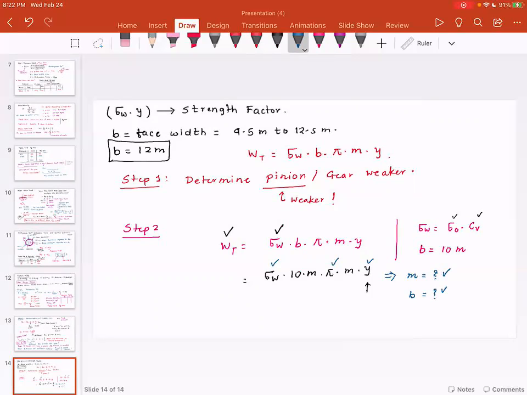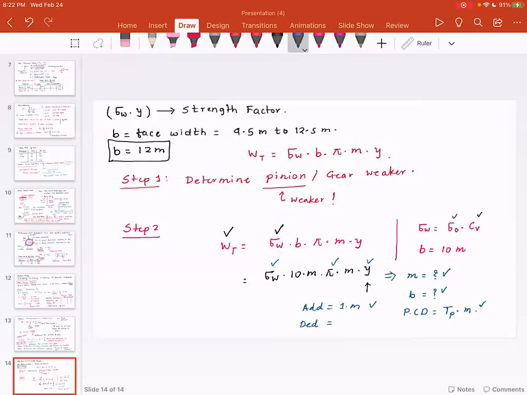Once M is known, we know the relationship: the pitch circle diameter, PCD, is equal to the number of teeth, so TP multiplied by M. So the pitch circle diameter is known. Then we know the addendum is 1 times module, so the value of addendum is known.